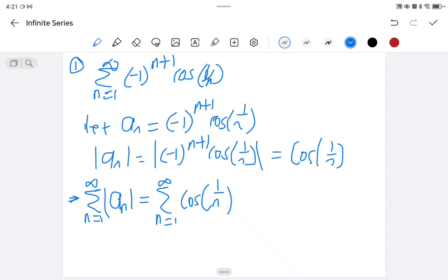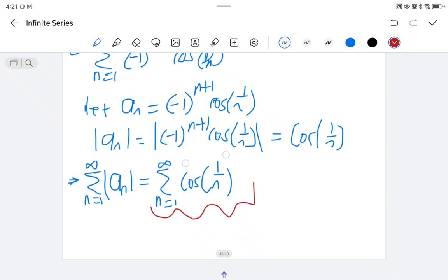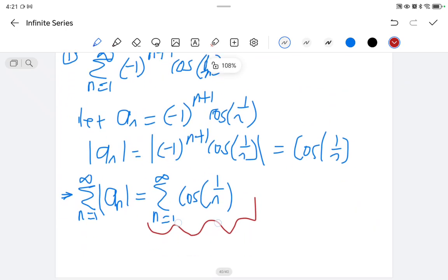Anyone? Would this converge or diverge? It's homework to go look at this. Go check this. Use any type of test. You see that any question can come.